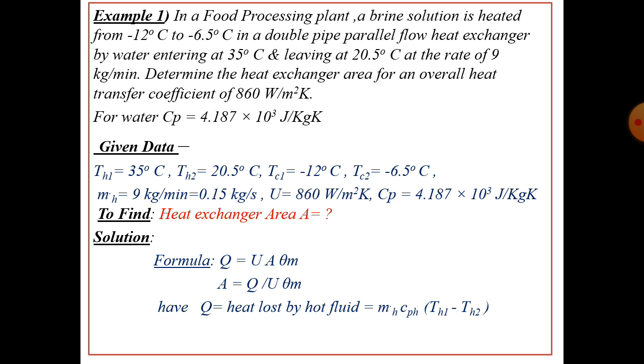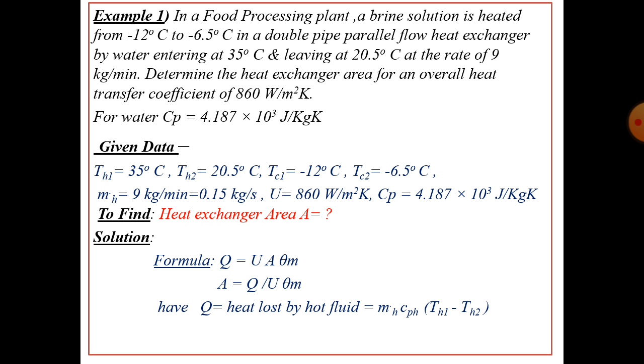Further, in a double pipe parallel flow heat exchanger, it means it is a parallel flow heat exchanger, by water entering at 35 degrees Celsius and leaving at 20.5 degrees Celsius. Here the temperature of water is decreasing from 35 degrees Celsius to 20.5 degrees Celsius, it means that water is a hot fluid, which is moving at a rate of 9 kg per minute.